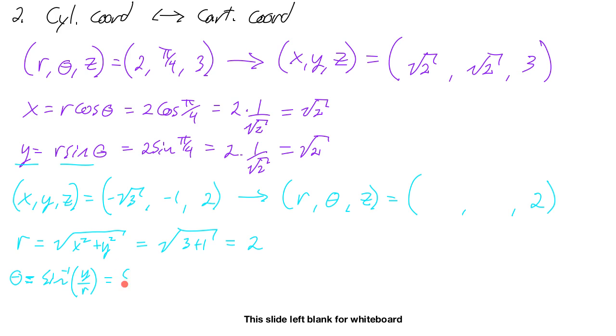Okay, so we get arc sine of y, which is negative 1, and r, which we decided was 2.